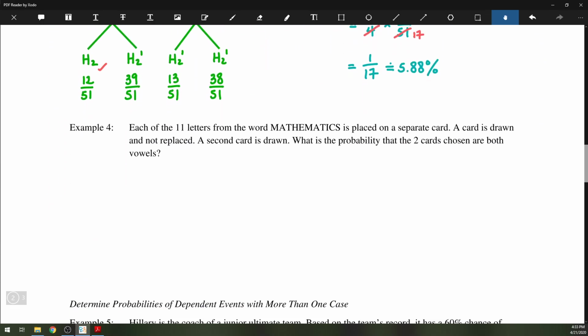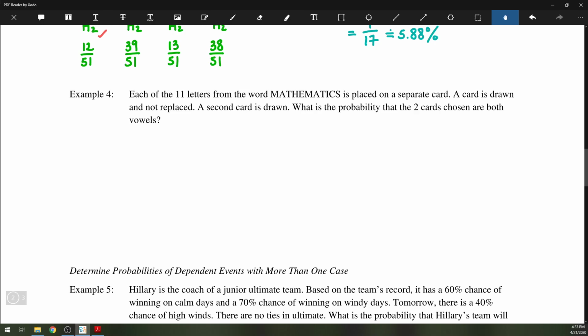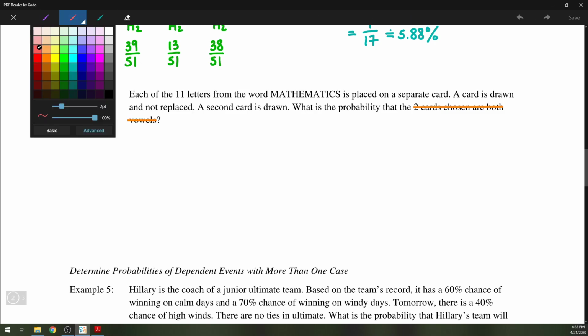What about other question types? Well, let's look at example 4 together. So I'm going to change this one slightly. This question here. Don't want to do the same question 3 times. Okay, so we just want the second card to be a vowel.